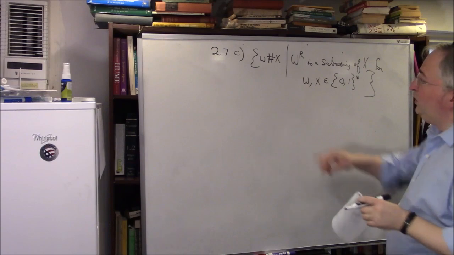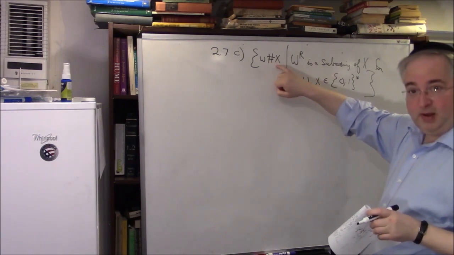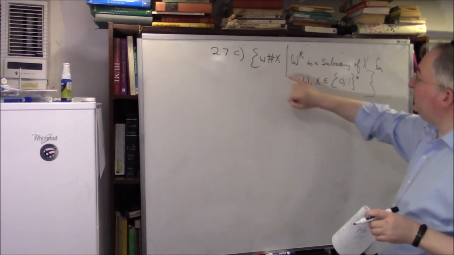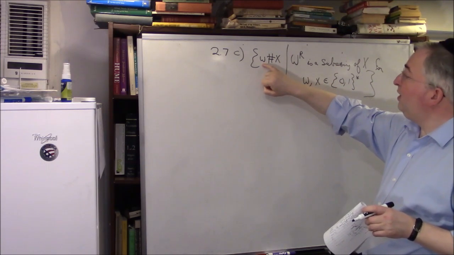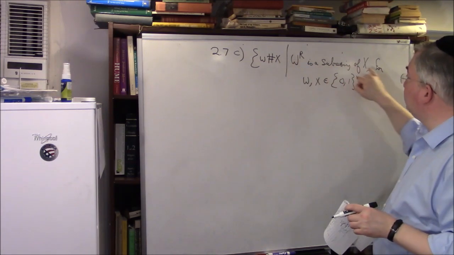Okay, so you have a word followed by another word. But this word reverse is a substring of X.